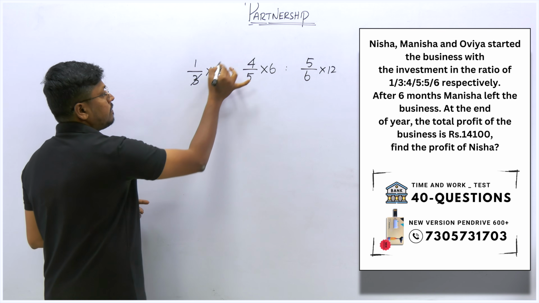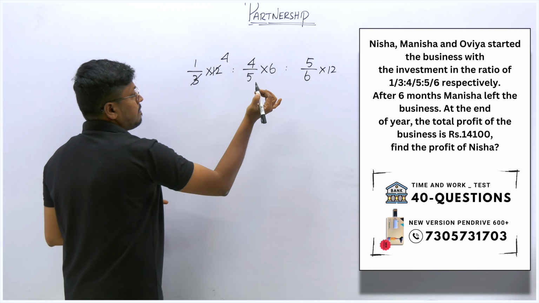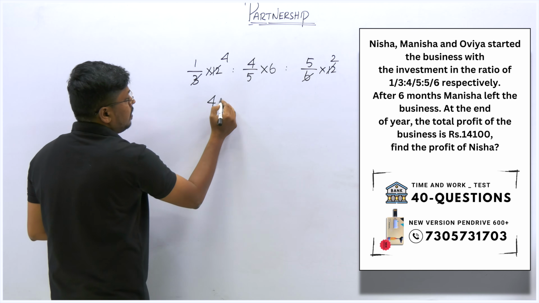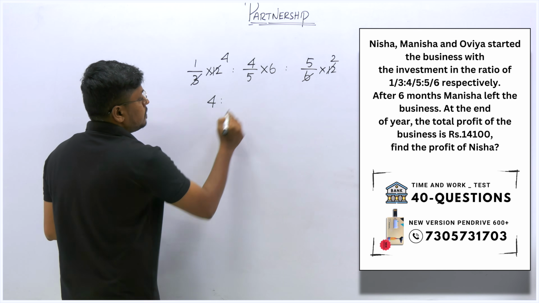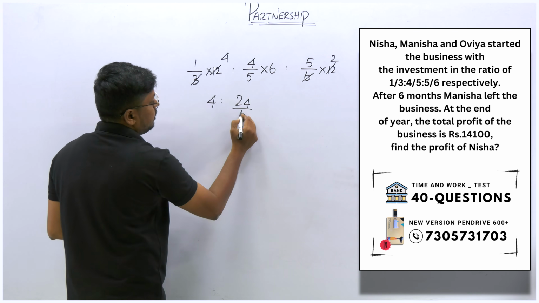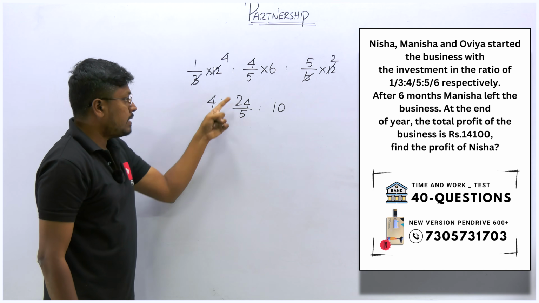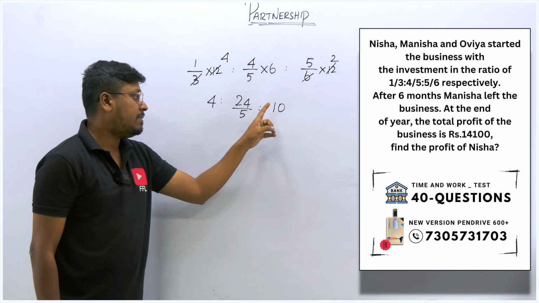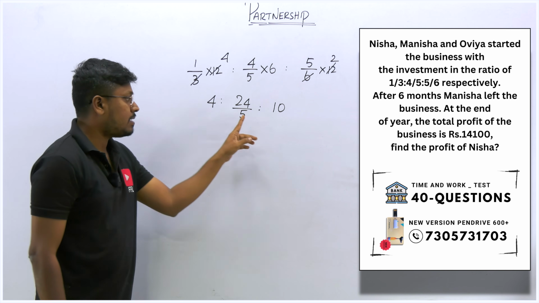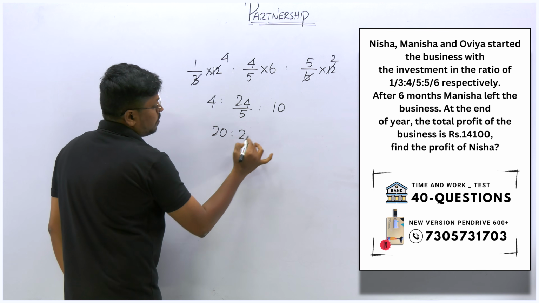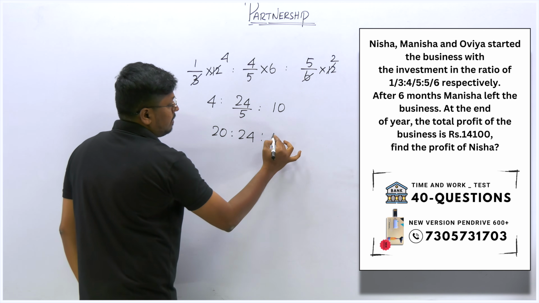So we can cancel it. 4 3s are 12, so we cannot cancel it 2 times. So finally 4 is to 24 by 5 is to 10. So this is the ratio, but here one value is in terms of a fraction. So first you need to convert all the 3 numbers into integers. Multiply by 5 here: 5 into 4 will be 20, 24, and 5 into 10 will be 50.